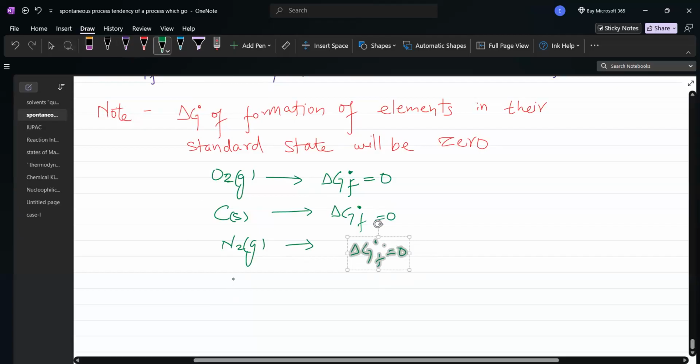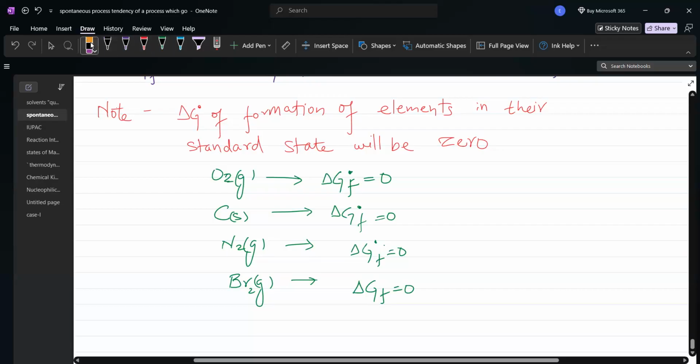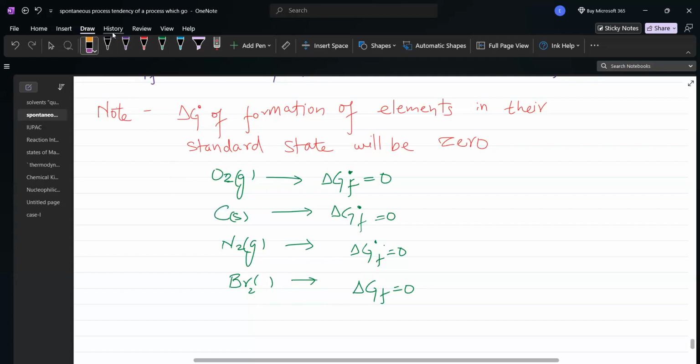Can anybody tell the delta G of formation of bromine gas? What will be its value? You can message also, no problem. See, the problem with bromine is that bromine is formed in liquid state.